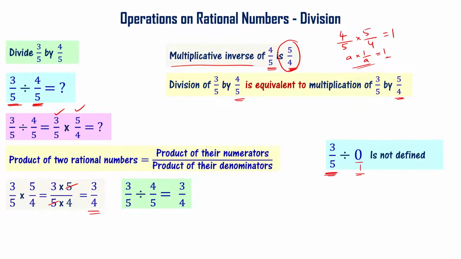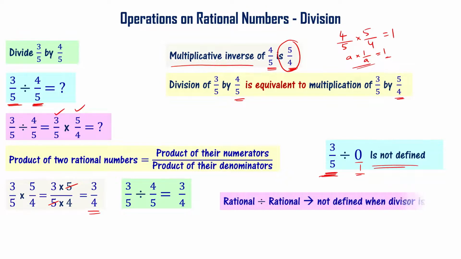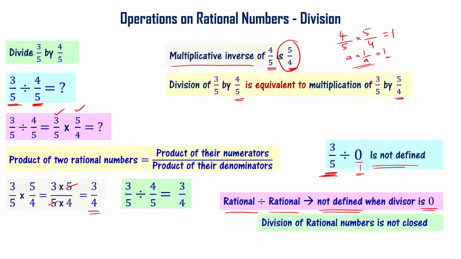You are not going to get certainly a rational number because we have no idea when you divide something with 0, what is the answer. You don't know. For that reason, you say that in the case of divisor 0, rational number divided by rational number is not defined. For that reason, we say that division of rational numbers is not closed. Understood?